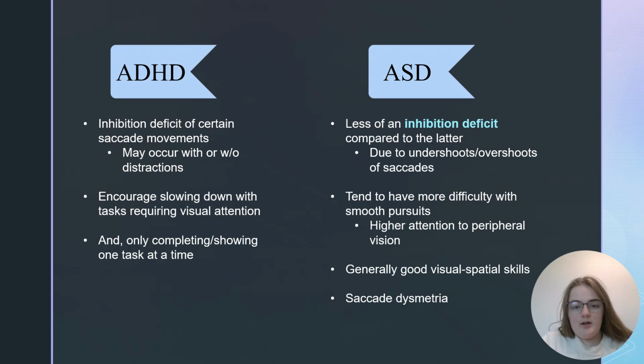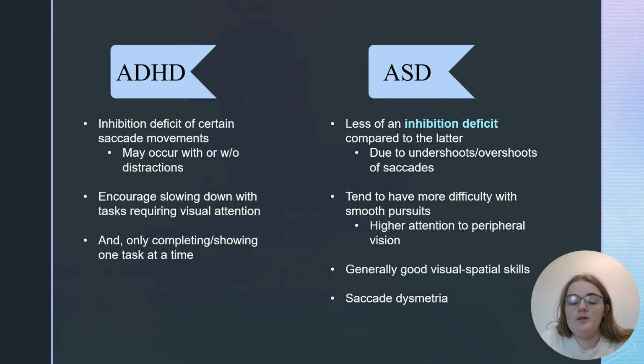And then for the autism section of this, there was found to be some of an inhibition deficit, kind of like the ADHD population, but it just seems to be to a lesser extent compared to ADHD. They did find more of a pursuits deficit, which seems to be more common, and I will discuss that further later as I talk about this lack of communication between the central vision slash ventral stream, and peripheral vision slash dorsal stream that we've talked about so much earlier in this presentation.